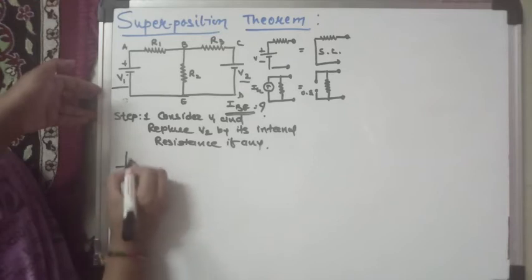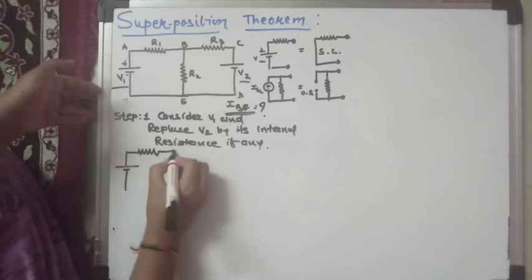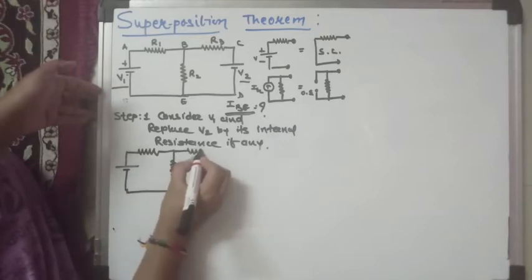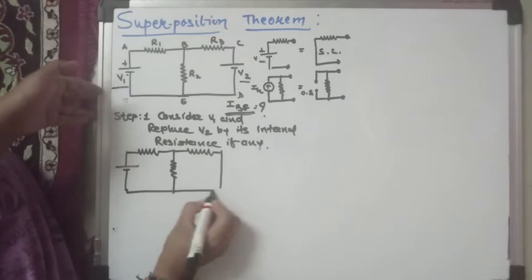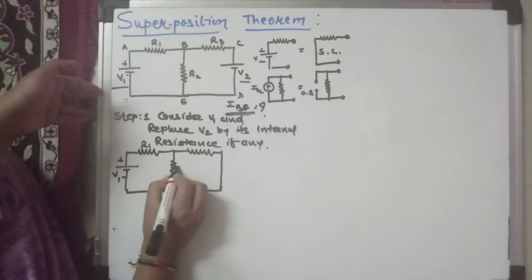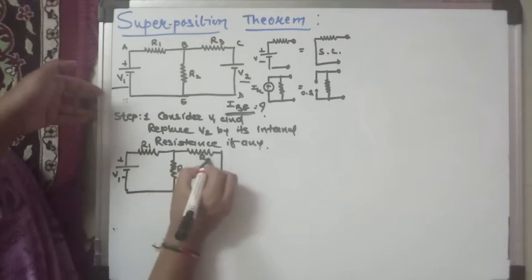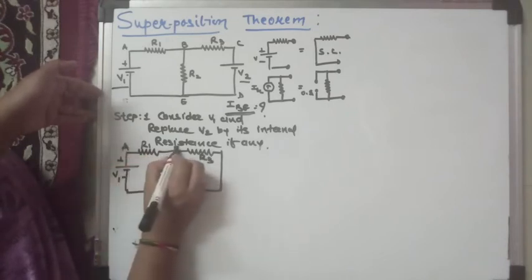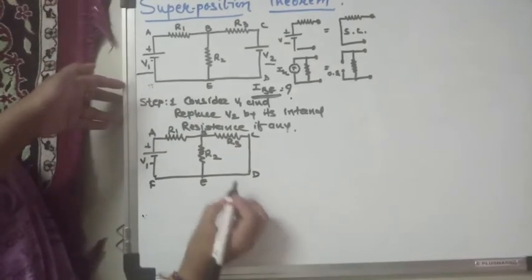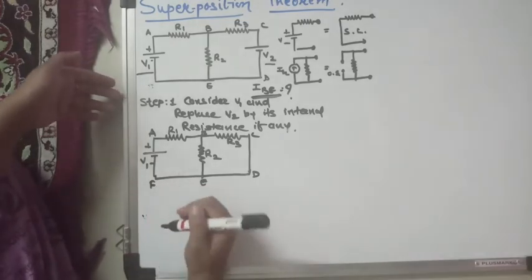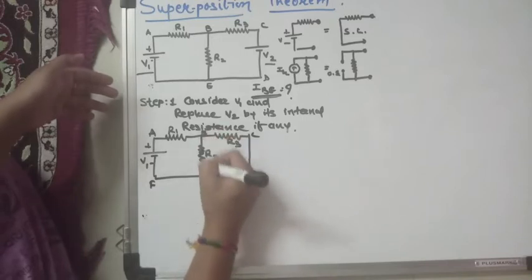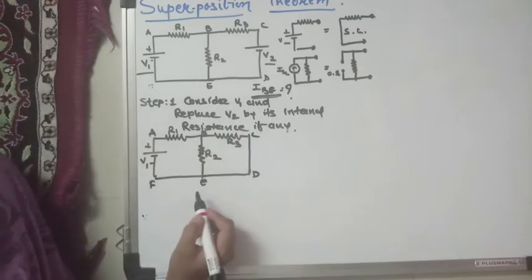Here only V1, R1, R2, R3, and now V2 is directly short circuited. A, B, C, D, E, F. Now the next procedure is to find the value of the current passing through the branch BE by applying the division of current rule.